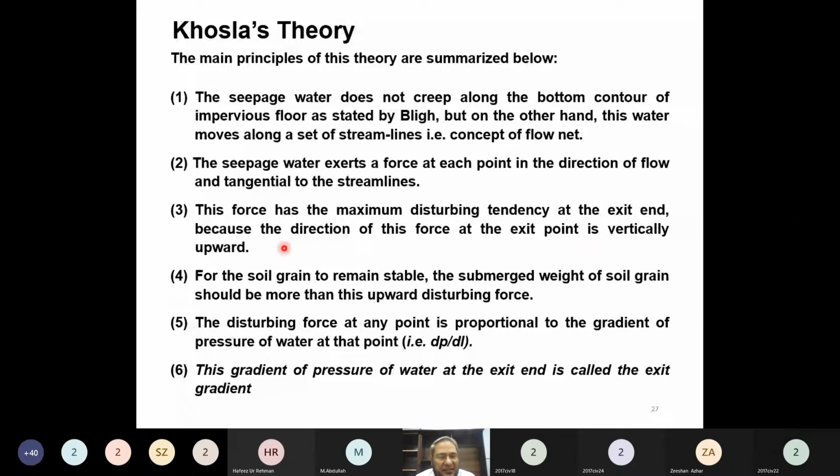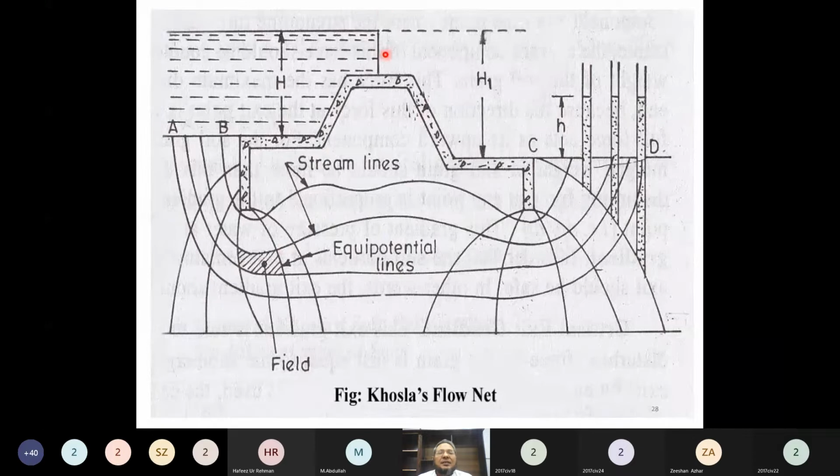Suppose we do not provide that downstream sheet pile, then this flow will take place like this. Now this is the gate, this is the capital H. So these lines are streamlines. These streamlines come out from here, and the water comes out. And what about these lines?